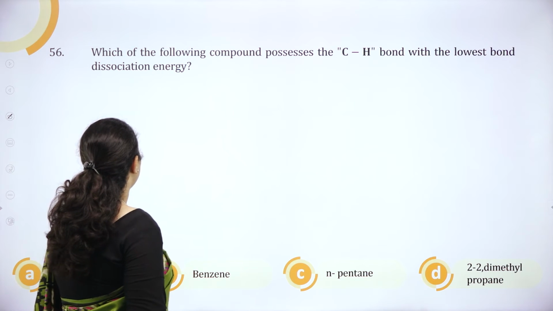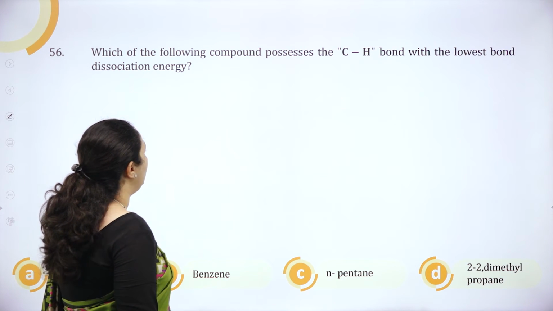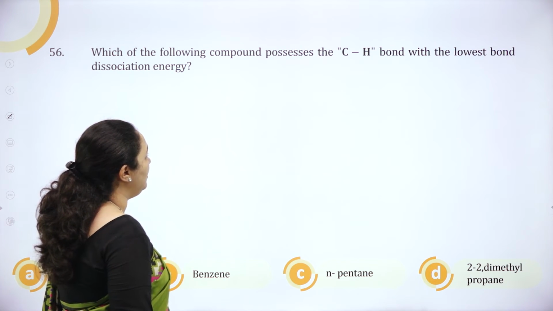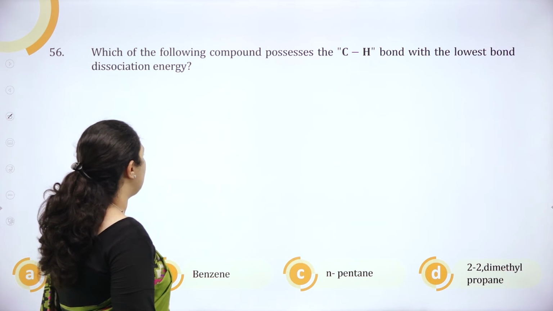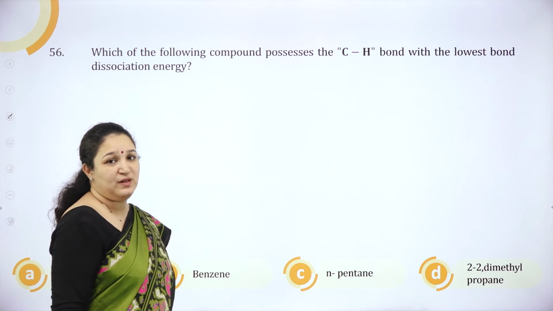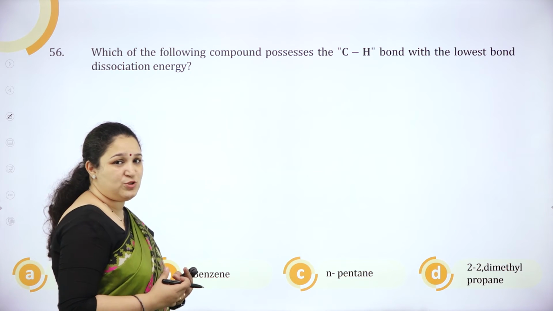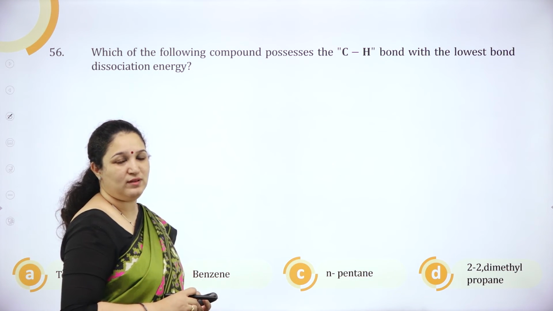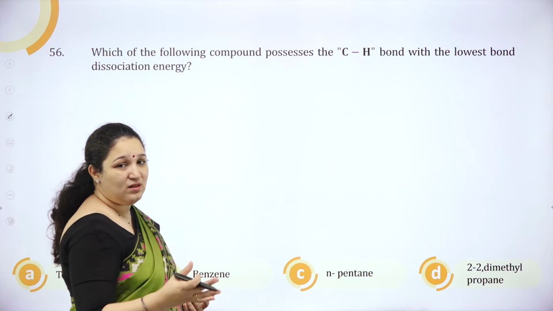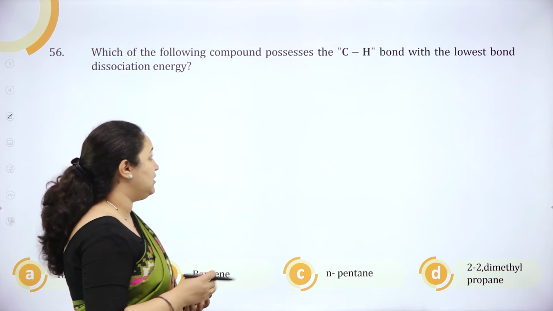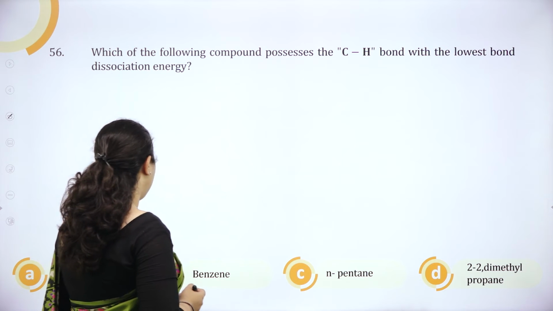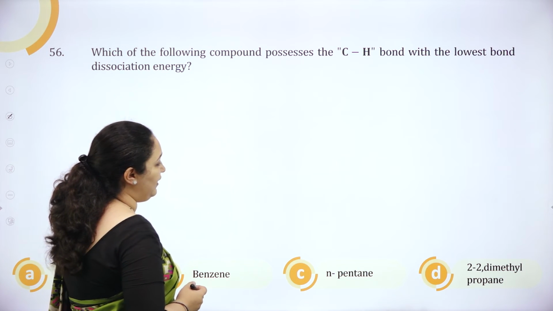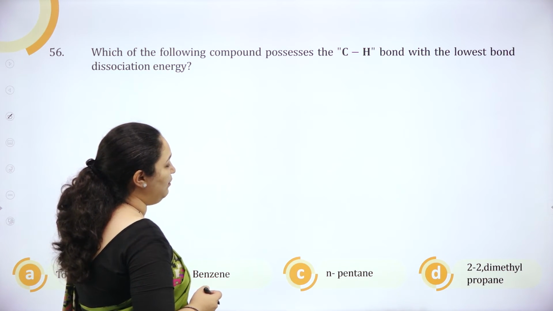Next one. Which of the following compounds possess a C-H bond with the lowest bond dissociation energy? They are asking in which of the compounds the C-H bond is easily broken. That means it has got least dissociation energy. We'll see the options: toluene, benzene, n-pentane, 2,2-dimethylpropane.